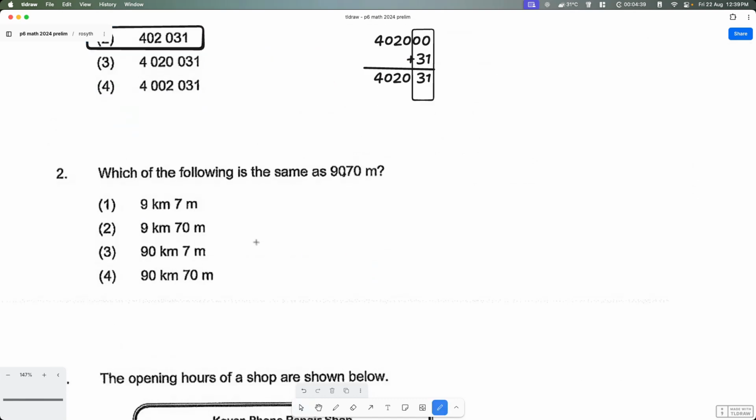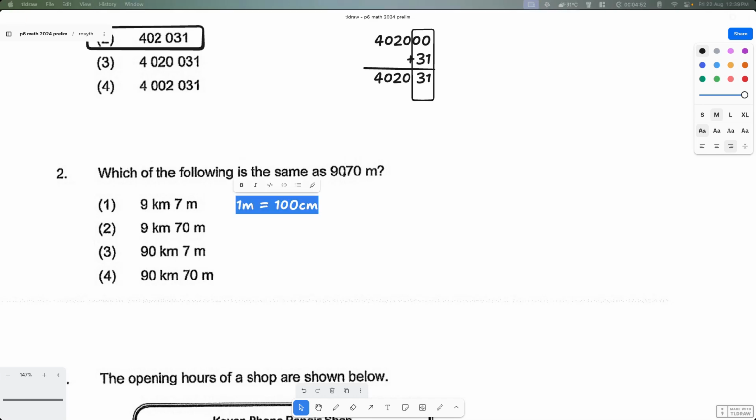Question number 2. Which of the following is the same as 9,070 meters? 1,000 meters is equal to 1 kilometer.